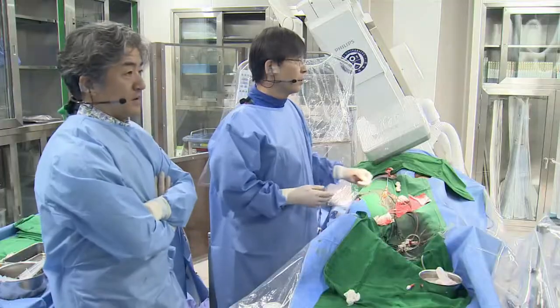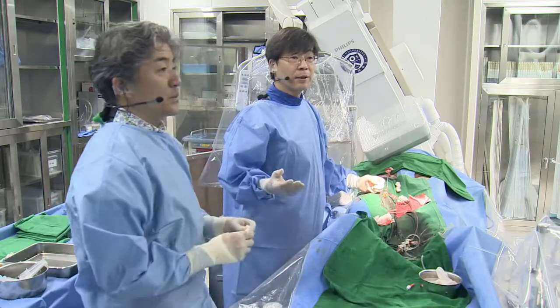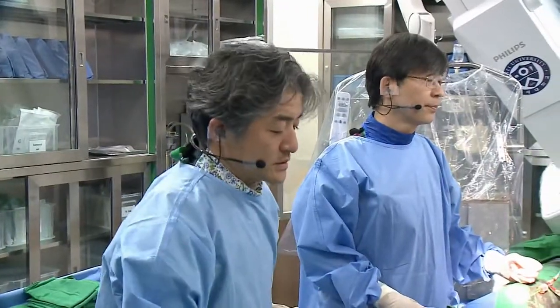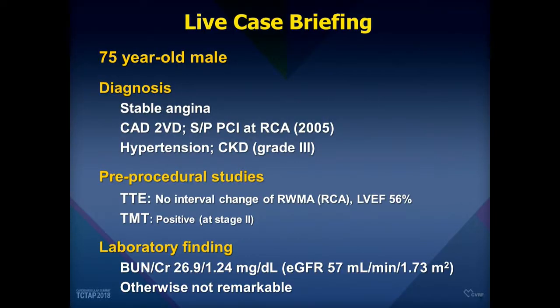Okay, first of all, the patient case presentation, Dr. Kim, please. Yes. Good morning, everyone. So let me introduce today's case. A 75-year-old male visited with a diagnosis of stable angina. On the angiogram, two vessel disease. Ten years ago, he underwent PCI at the RCA. His risk factors are hypertension and CKD grade 3.